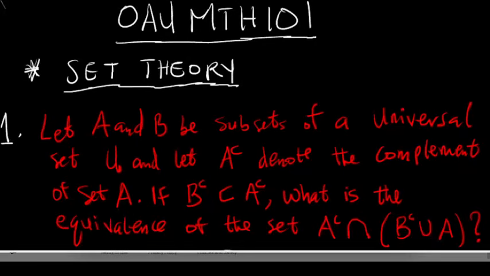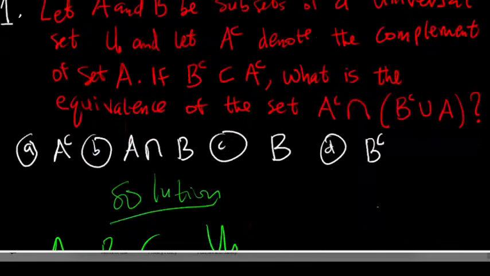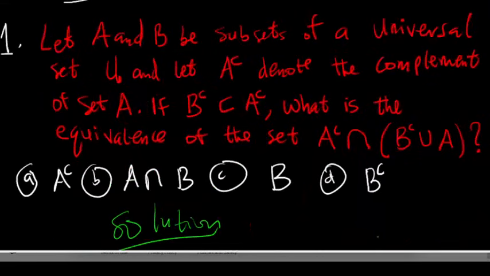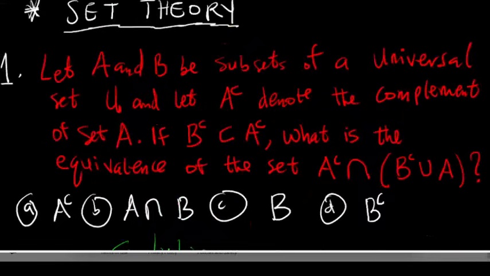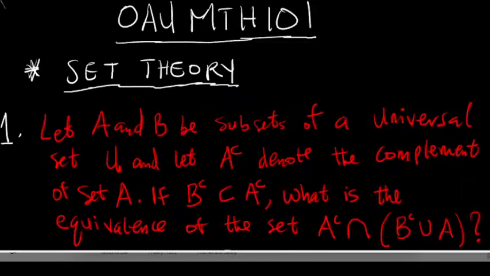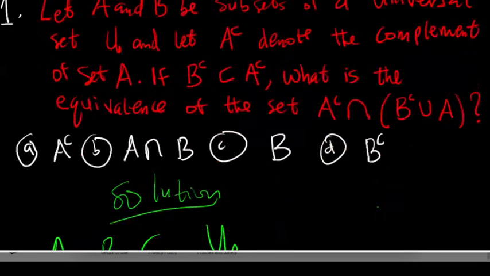You are not just here to see the solution and the final answer. You must be able to use this idea to solve other questions, and that is what the mathematics department is testing. They don't just want you to cram, they want you to understand the concept behind each question.